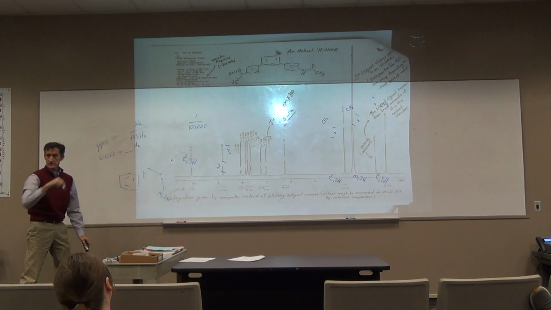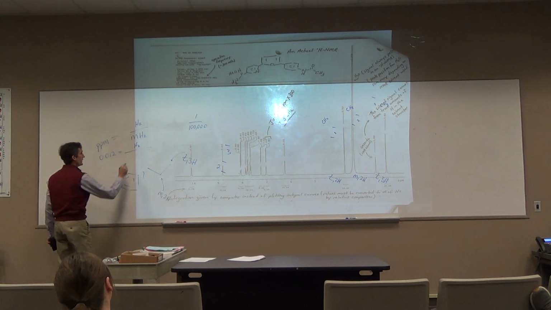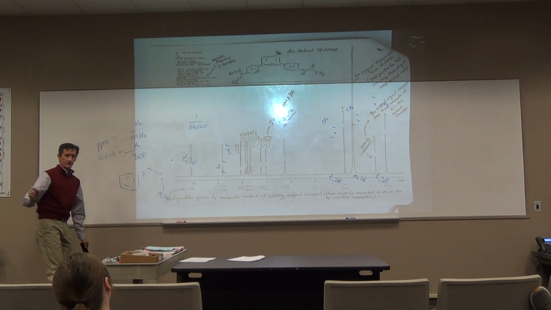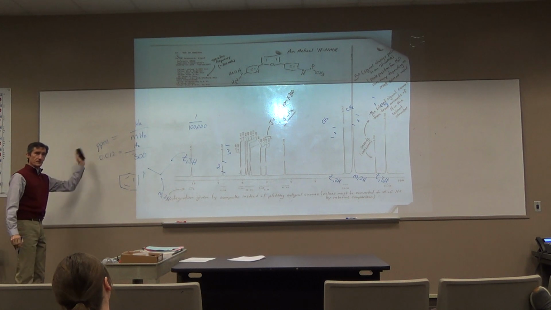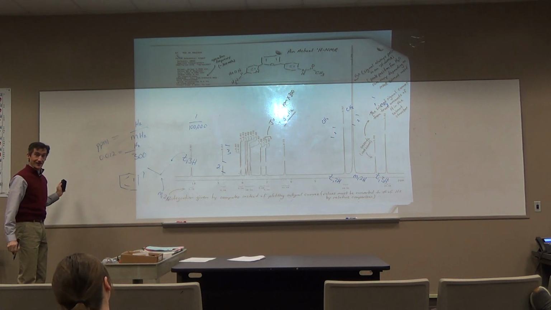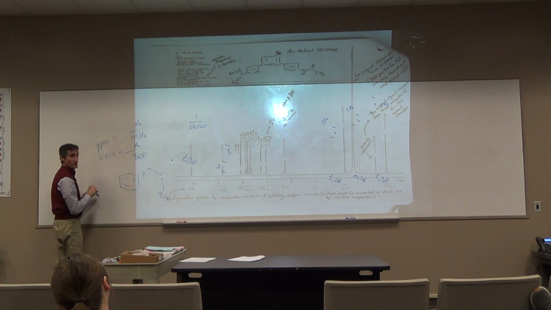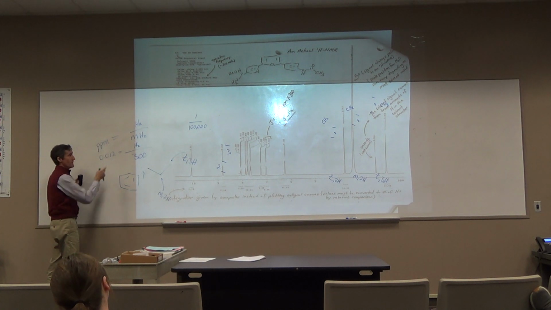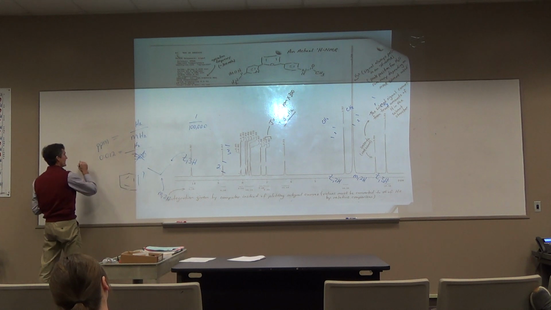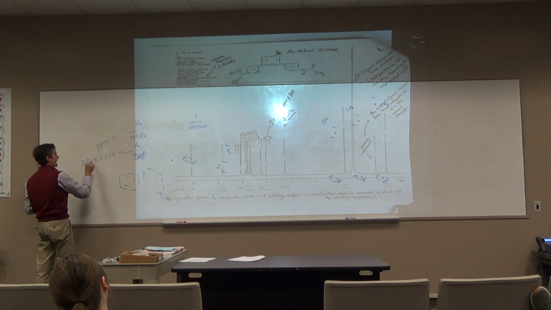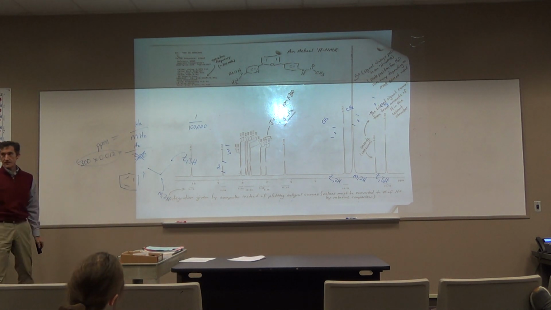What is megahertz in this situation? 300. Math is a prereq to organic chemistry, so you should be able to do stuff like this, okay? How do you solve for hertz? Multiply both sides by 300, and that equals hertz. But that's what we did, right?